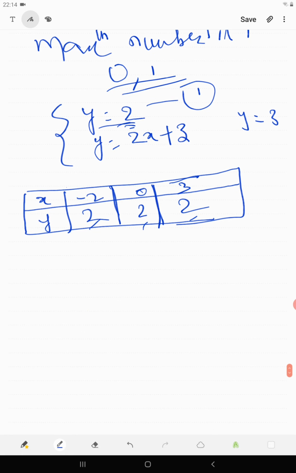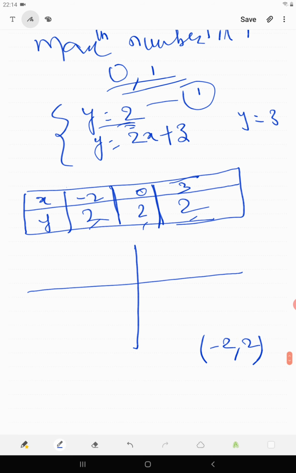Now let's draw this in the graph. The first point we have is -2, 2. This is the origin for us. The minus side will be on the left hand side, -1, -2, and the positive side will be on the right hand side, 0, 1, 2, 3.